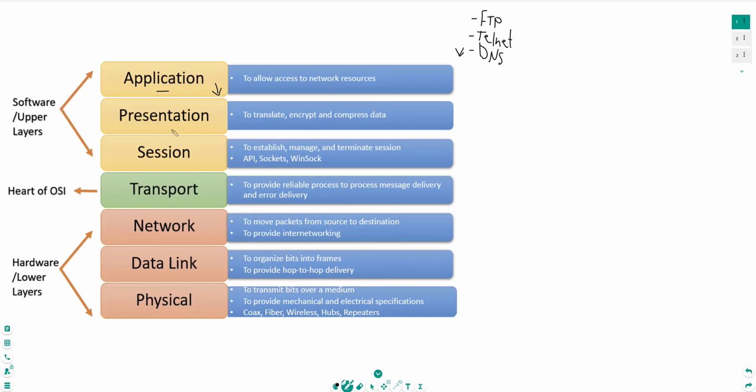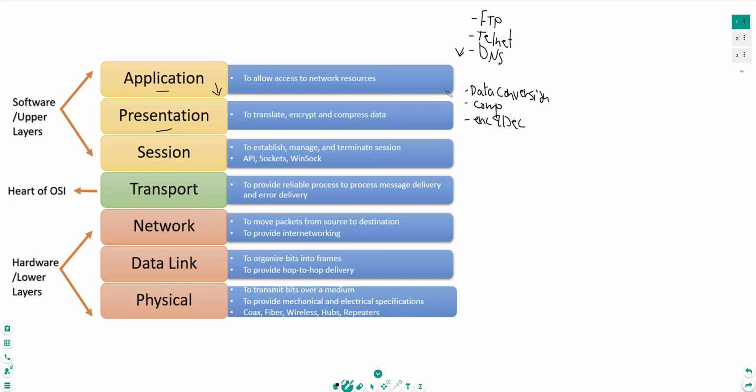So what about the presentation layer? The presentation layer has three main functions. The first one is data conversion, the second one is compression, and also data encryption and decryption.